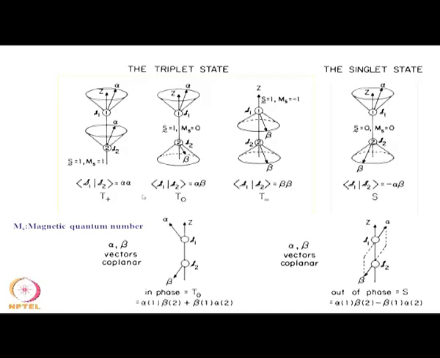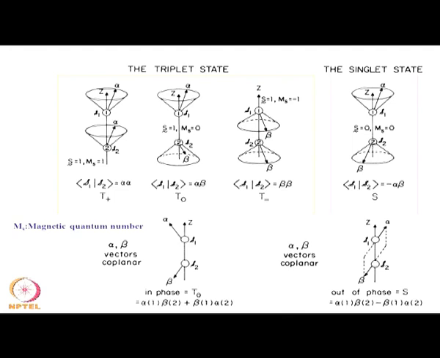One is alpha alpha, then beta beta, or a linear combination of alpha beta and beta alpha.